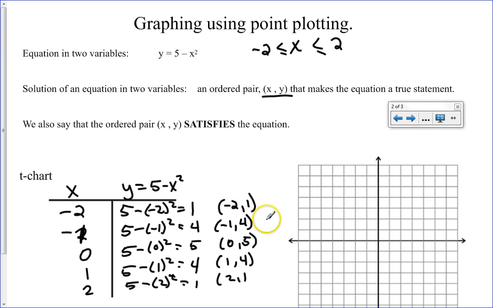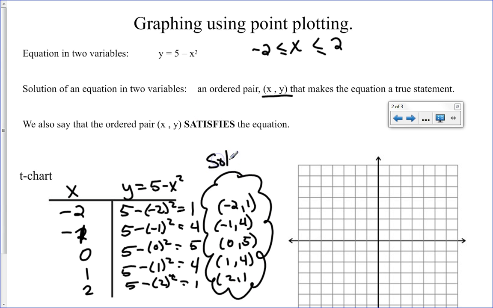So basically, all of these are solutions to that equation. Are those the only solutions? No. There's, like I said, infinity more. Okay? But this is a good starting point.